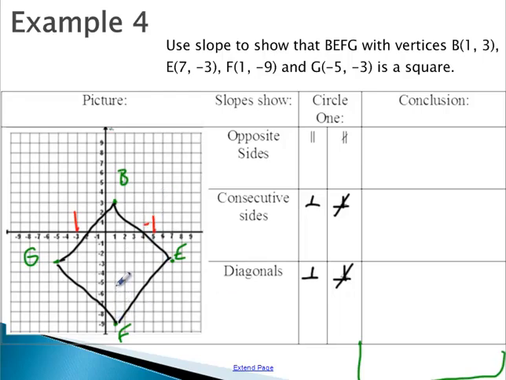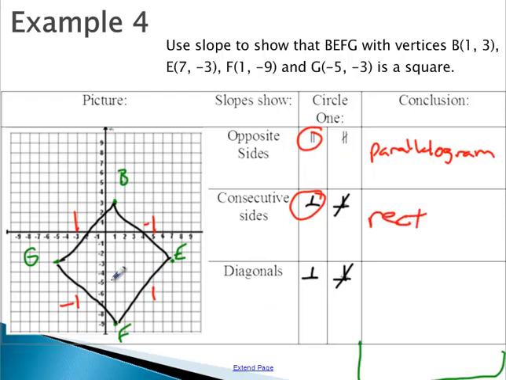Up 6 over 6, and as you would expect, 6 and 6 as well. So opposite sides are parallel, which means that's a parallelogram. Consecutive sides, 1 and negative 1, are opposite reciprocals, meaning this is a rectangle.